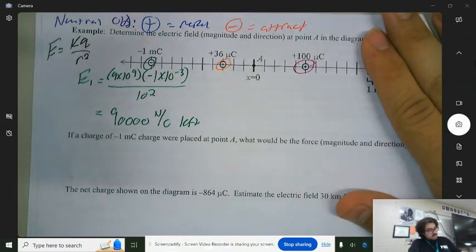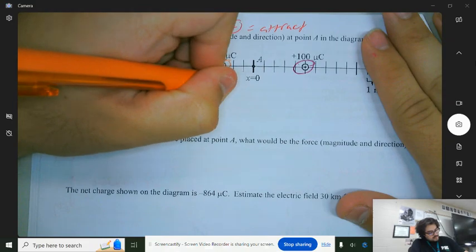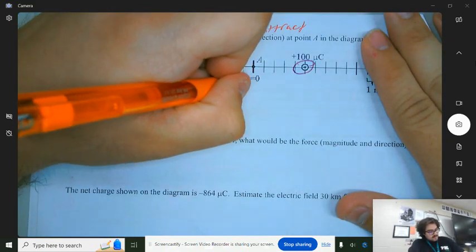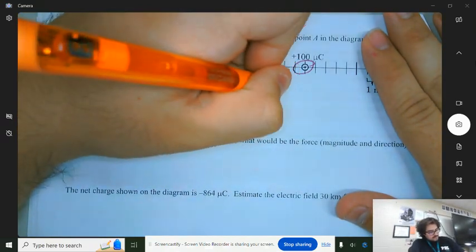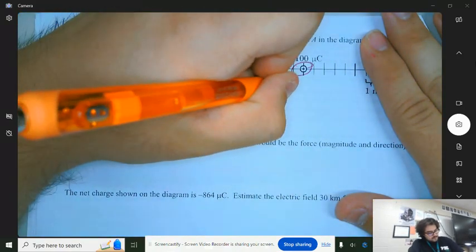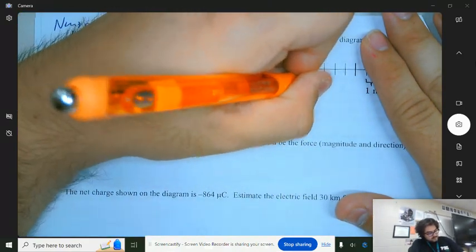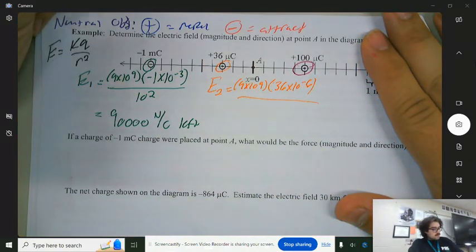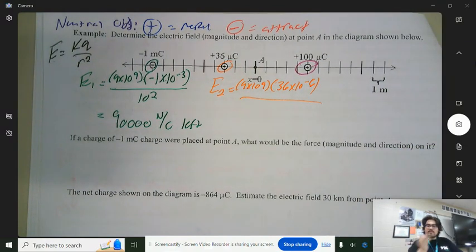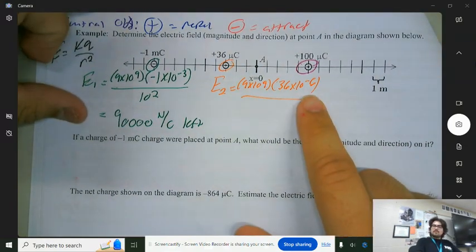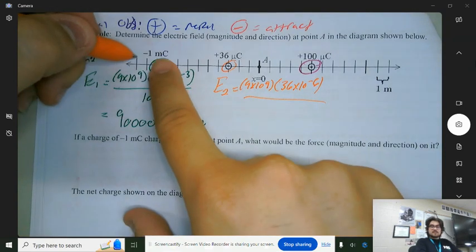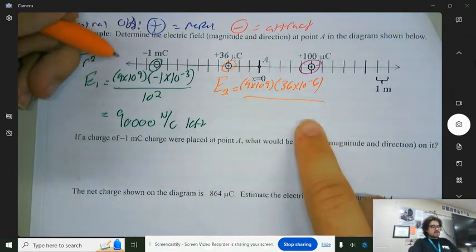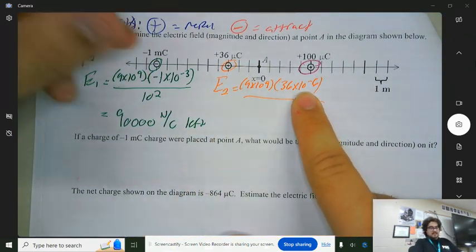What about for charge number 2, E2? 9 times 10 to the 9th times 36 times 10 to the negative 6th. I'm so sorry, I completely forgot to explain this. Notice that we changed charges here. This is a millicoulomb, this is a microcoulomb. So this is now times 10 to the negative 6th.